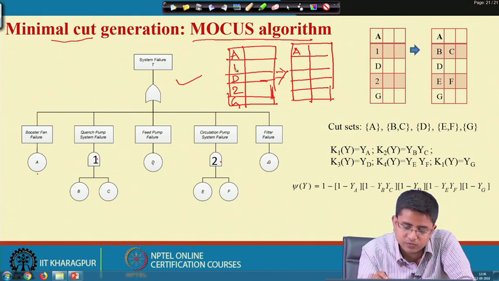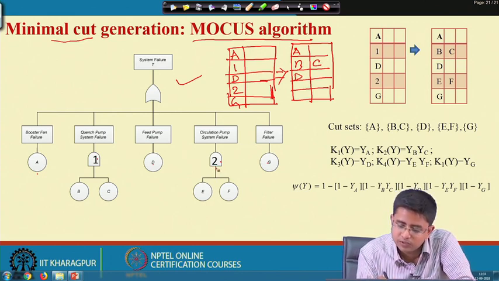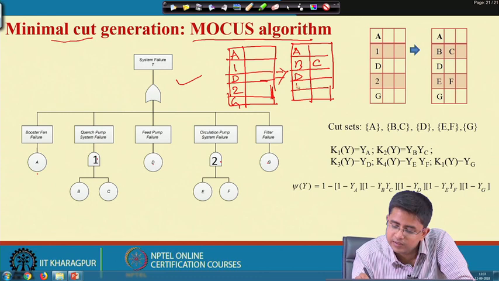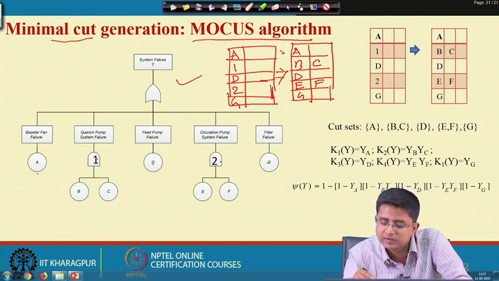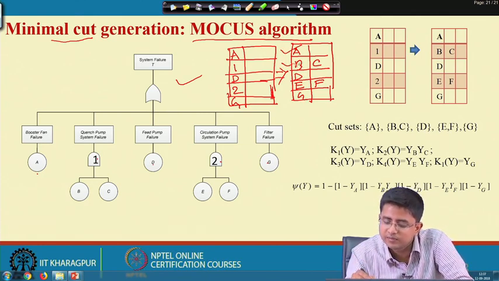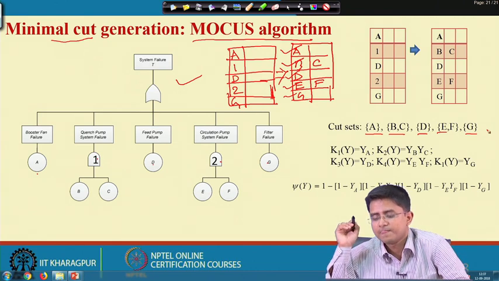So as this is 1, instead of 1 we will write B and C. Then again for 2, instead of 2 we will write E and F, then G. So ultimately my cut sets are A, then B C, D, E F, G.